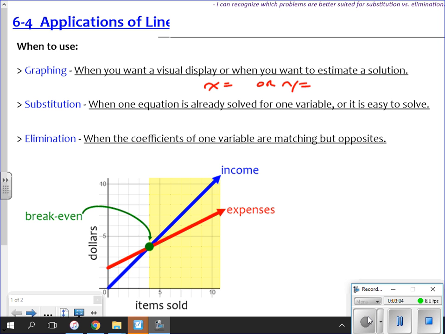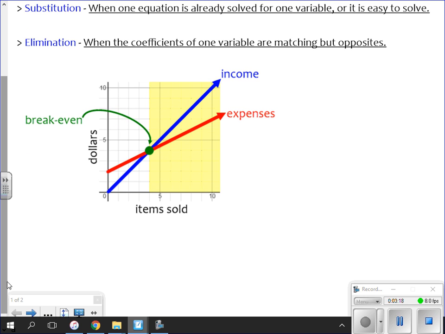Okay, so at the bottom you have a graph that actually describes what we're going to be doing for our applications today, or at least the ones in the examples. If you are running a company, running a business, this is what's going on.